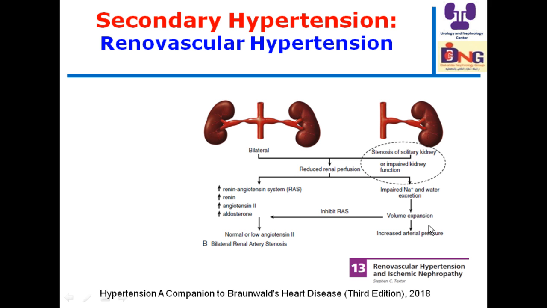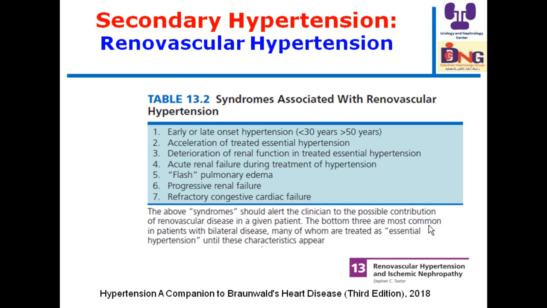We may think of renovascular hypertension if we are dealing with early or late onset hypertension, below 30 years or above 50 years. Blood pressure is accelerated, acceleration of treated hypertension, deterioration of renal function in treated essential hypertension, acute renal failure during treatment of hypertension, especially with RAS inhibitors, exceeding 30% of the baseline creatinine, flash pulmonary edema, progressive renal failure, acute heart failure.